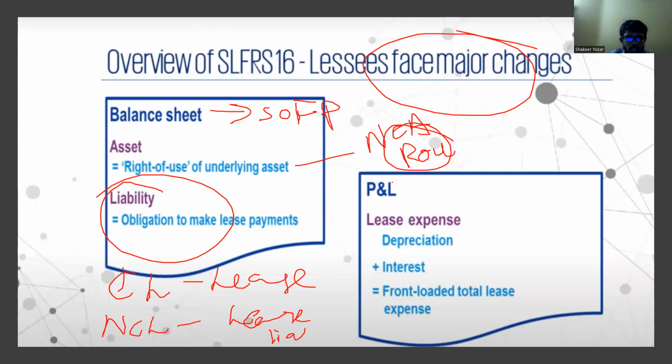In the P&L, depreciation, amortization, and lease interest payable, front loaded, or any total expenditure incurred on behalf of the lease should be recognized, right?